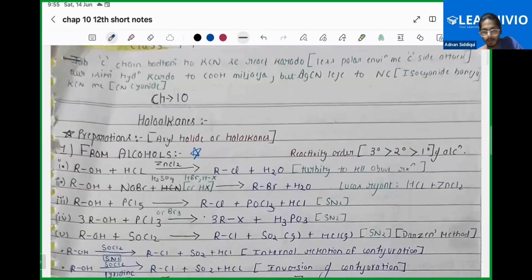Everything from this chapter will come from this, but you need to rote memorize it for now. So let us start.